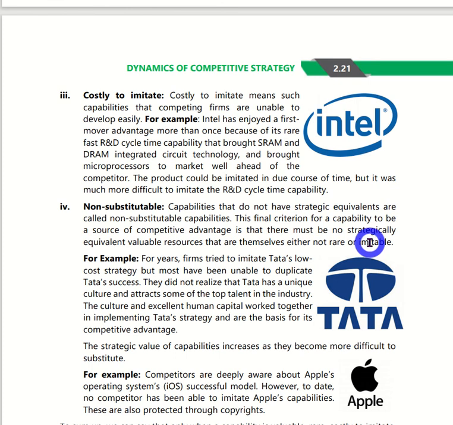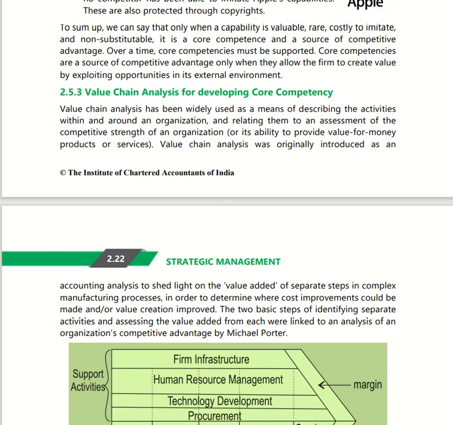Therefore, what is being spoken about here is that the strategic equivalent to be considered as non-substitutable is something other than the costly to imitate and the rare ones, because these two, point 2 and 3, will automatically be the core competency part. So other than them, something should be there which is non-substitutable. So understand it in that perspective, move on.